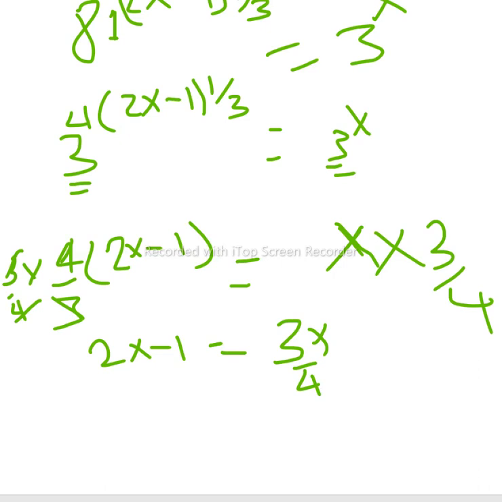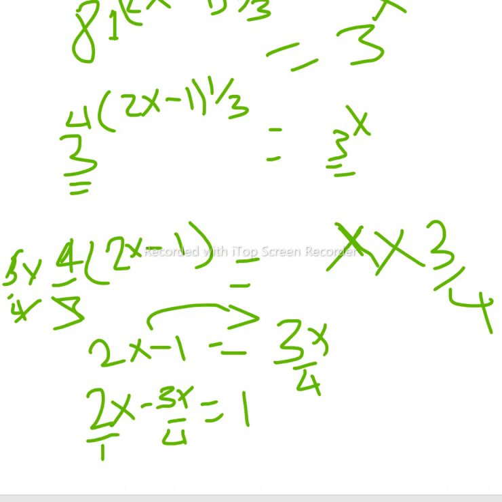Let us subtract 3x over 4 from 2x, and move the 1 to the right side of the equal sign. Since it is minus, when it moves to the other side it becomes plus 1.